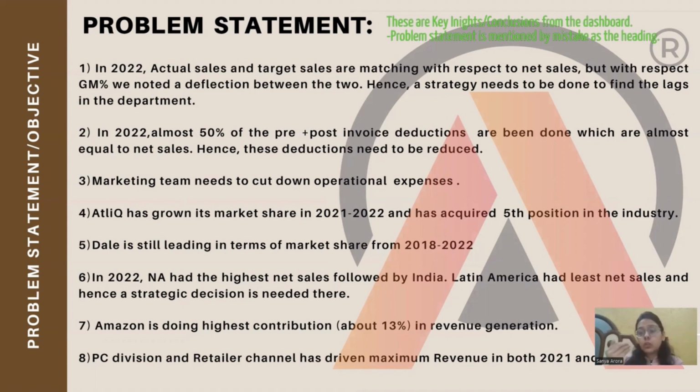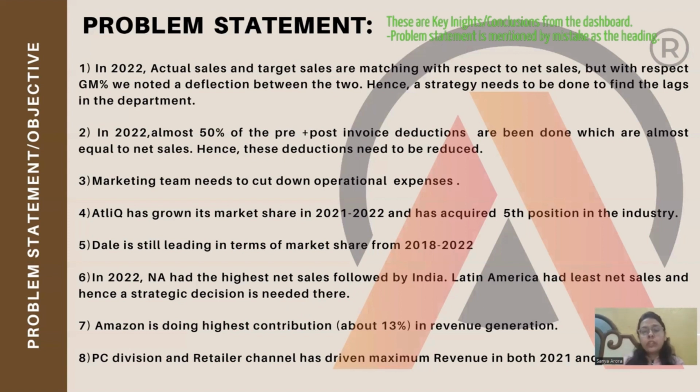And then we also saw that marketing needs to cut down their operational expenses. Then we clearly observed that from 2021 to 2022 Atliq gained market share and was at fifth position in the industry, but Dell was our topmost competitor. Then we saw in 2022 North America had the highest net sales, followed by India, and Latin America had the least.